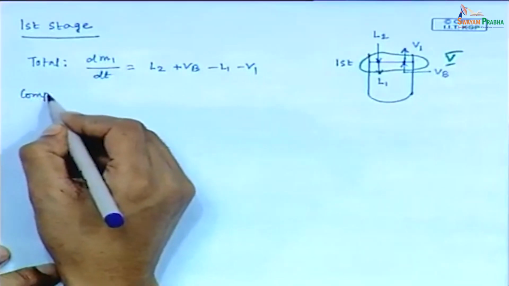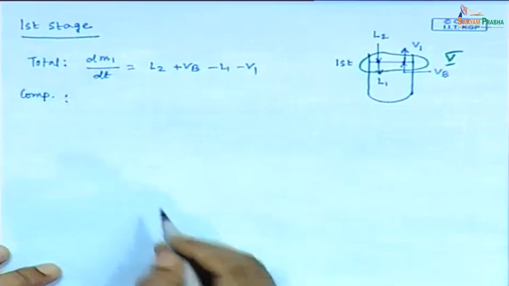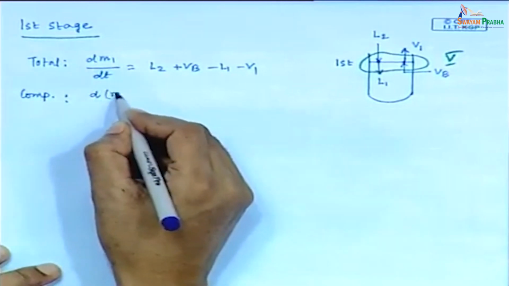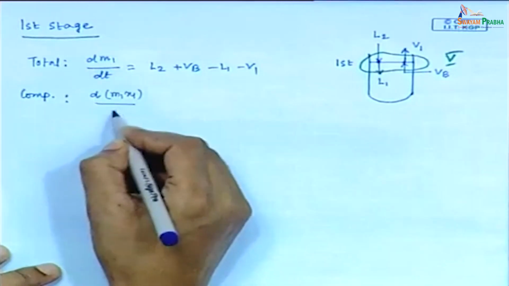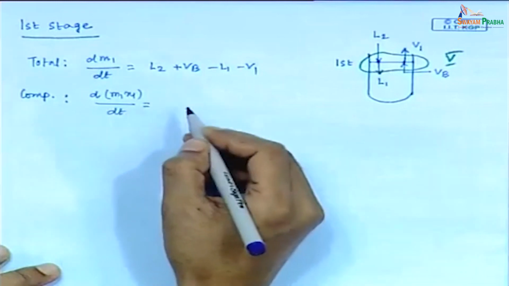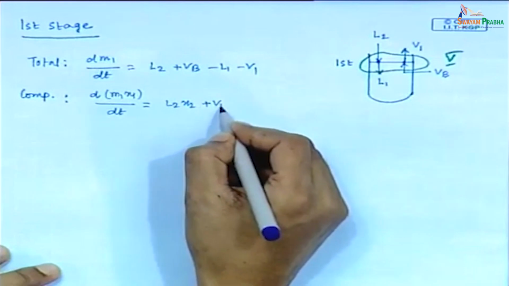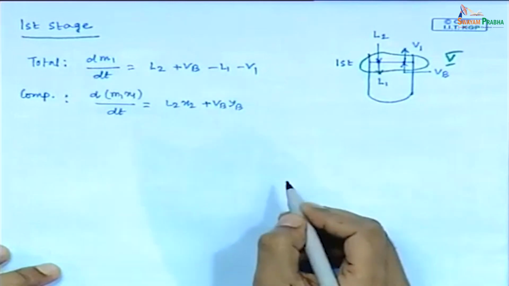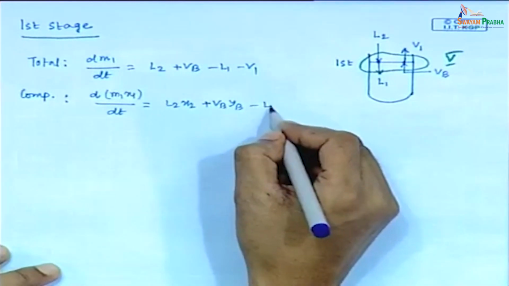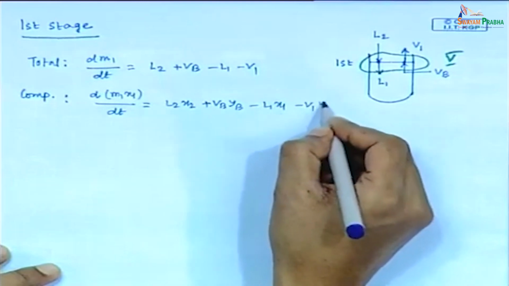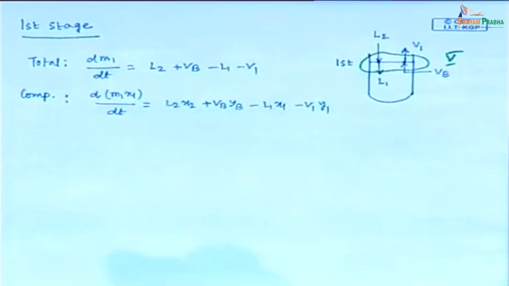Similarly, the component mass balance, d(M1 x1)/dt equals L2 x2 plus VB yB minus L1 x1 minus V1 y1. This is the component mass balance equation.